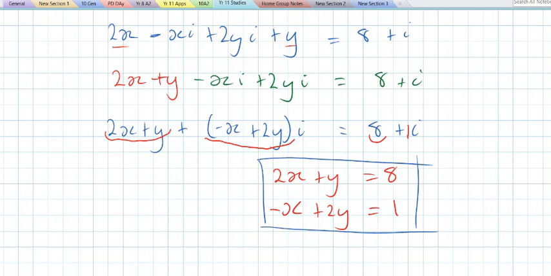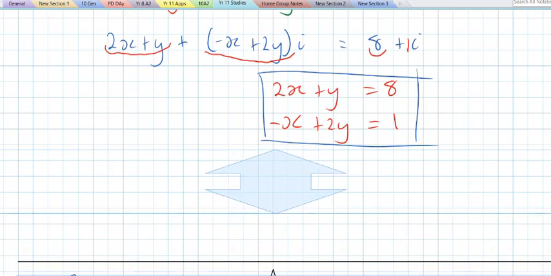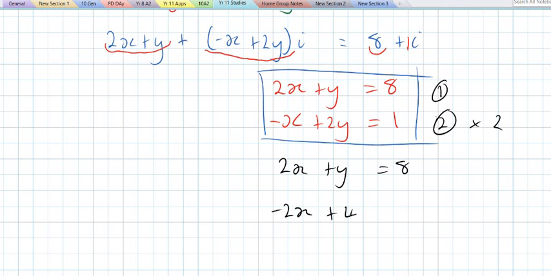So an algebraic way would be to take this line, call it line 1 and line 2, and multiply the whole of line 2 by 2. So line 1 stays the same, 2x plus y equals 8. Then this whole line is multiplied by 2, so it becomes minus 2x plus 4y equals 2.